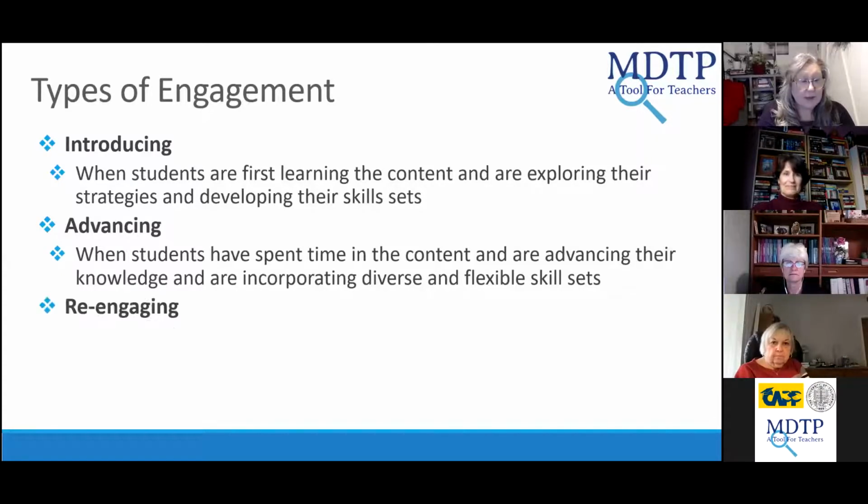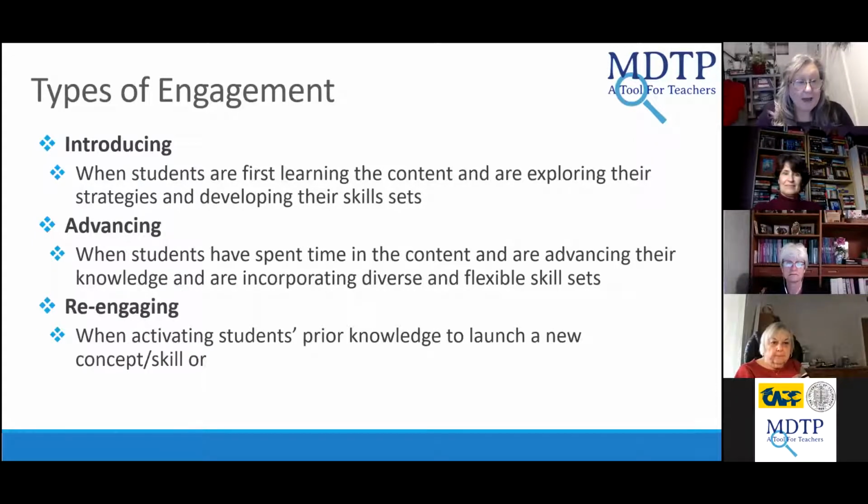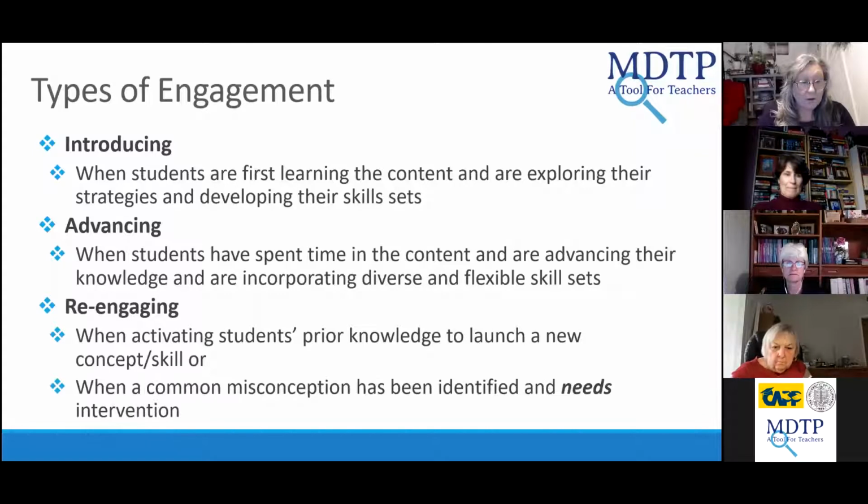Next is the re-engaging. This is different from reteaching in that we're going to be activating students' prior knowledge to launch a new concept and skill, or when a common misconception has been identified and needs intervention. We don't want to reteach at this time though.